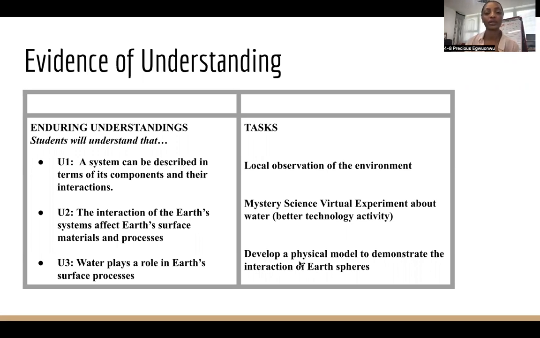I would say this task applies to the understanding, because as they engage in this task, they're able to identify how the Earth is made up of different systems and comes together to make a whole. They're able to recognize how the interaction of the hydrosphere, the atmosphere, and all the spheres affect and depend on each other. So I would say that this task aligns.